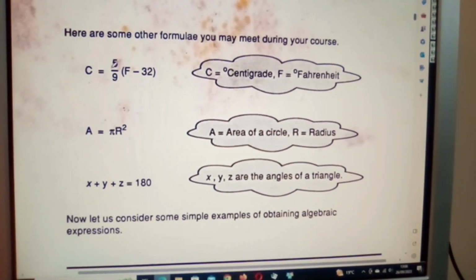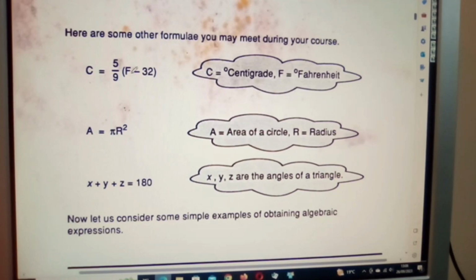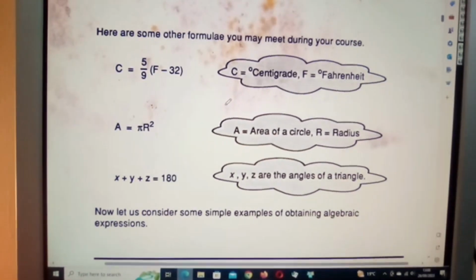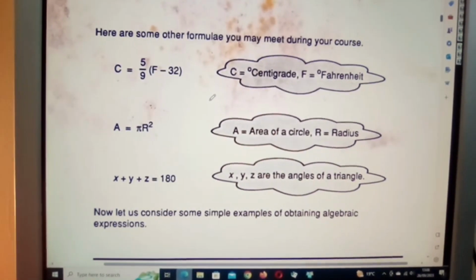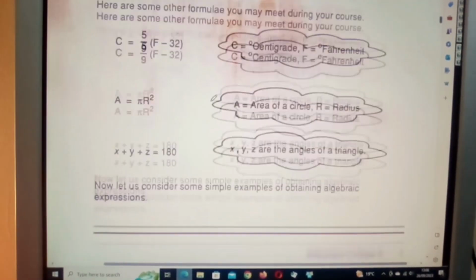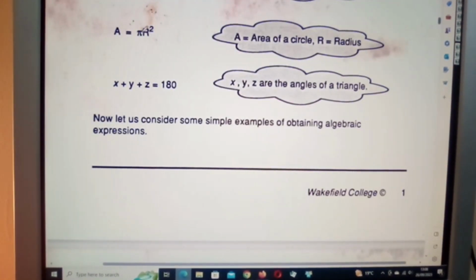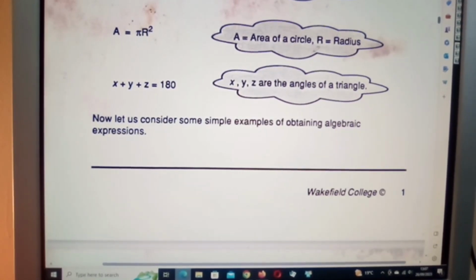You put C equals 5/9, open brackets, F minus 32 degrees, close brackets. Okay. Now that's why I'm telling you about finding your own style of learning, so you can put it in your own format. Okay. A equals pi r square. Area equals area of a circle. R equals radius.